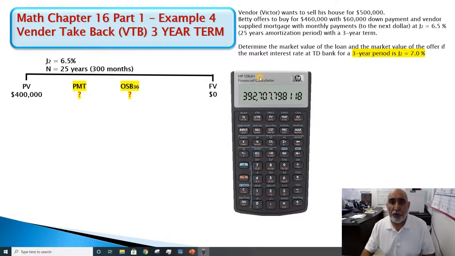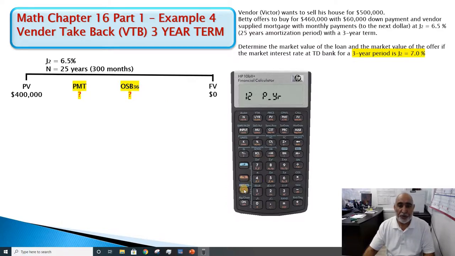So now we bring in the calculator, and we're going to find the payment. Because it has a 3-year term, we're also going to find the OSB 36. So clear the calculator. First of all, 5 steps to convert J2 6.5. That's step 2, step 3, and step 4, what we want is J12.